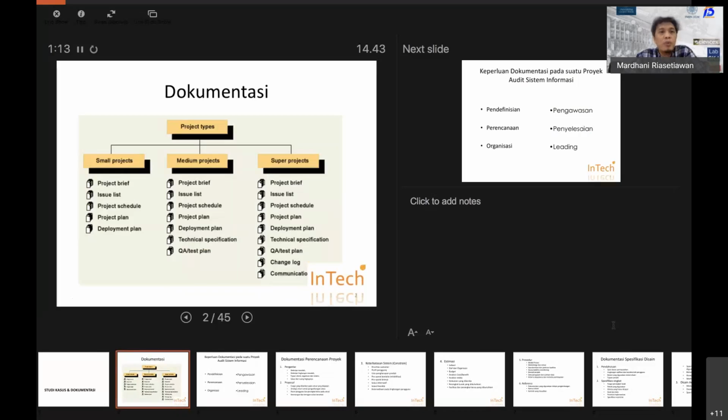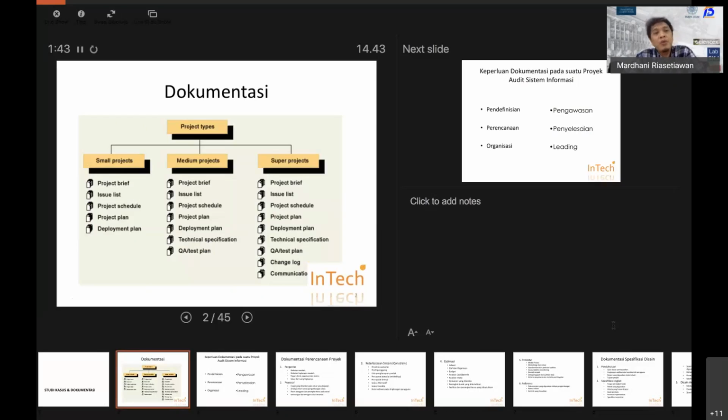Sometimes we divide this type of documentation based on the volume of the investment in the information system for the organization. For example, a company spends an amount of money, so we can benchmark against their annual budget, and then say that's a small project, medium project, or super project.